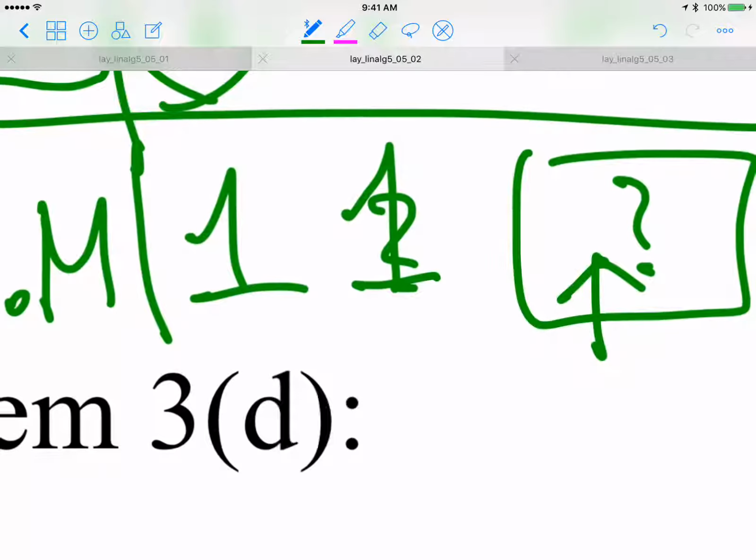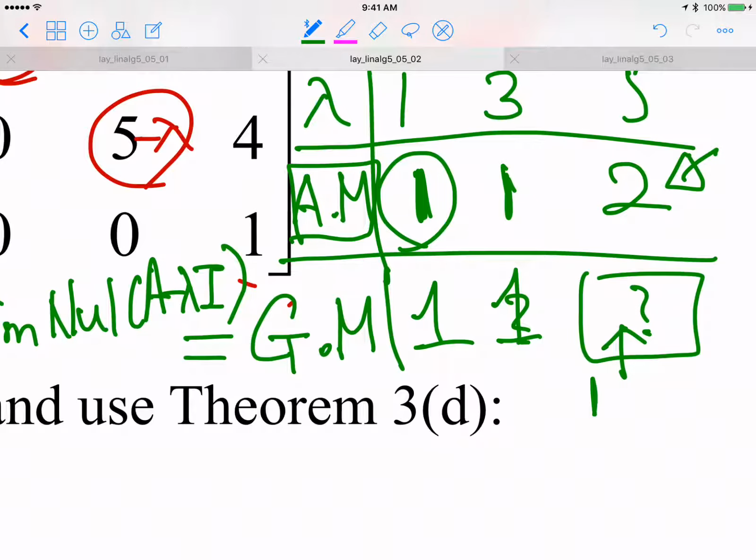This guy can be 1 or 2, because it's at least 1, but also it should be less than or equal to 2. That is the main property, the relation between geometric multiplicity and algebraic multiplicity. This is quite an important part, and we will utilize that fact in the next chapter, which is about the eigendecomposition.